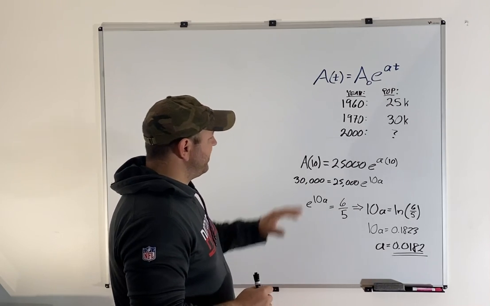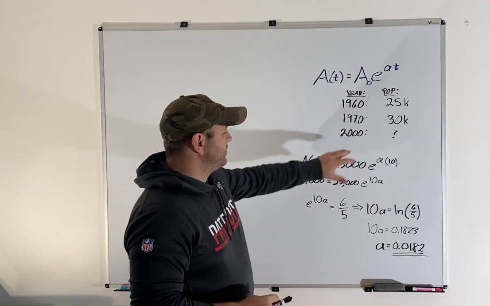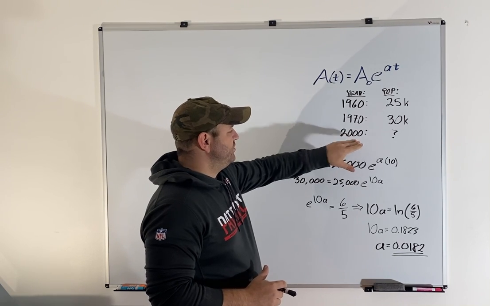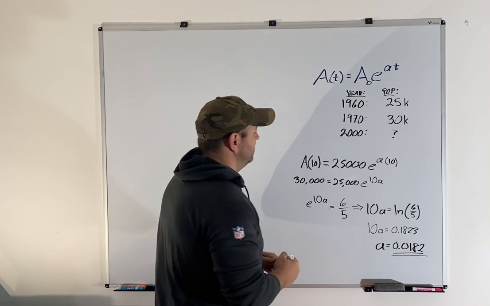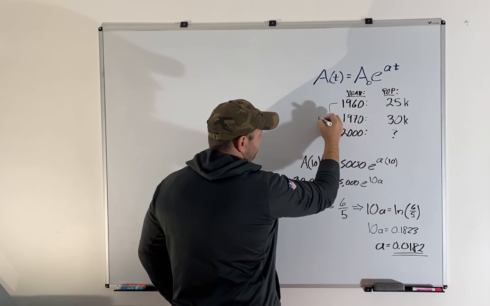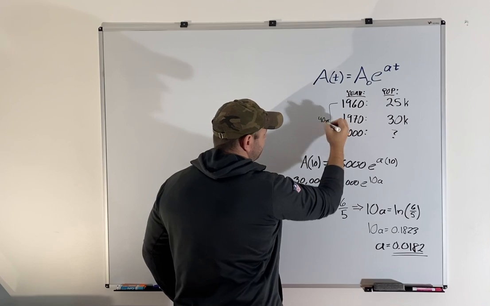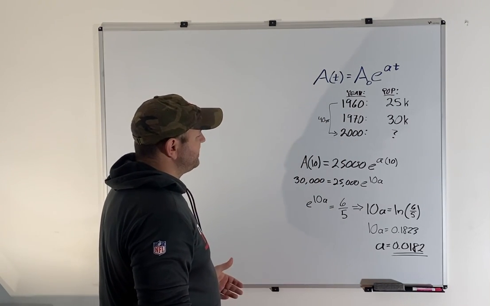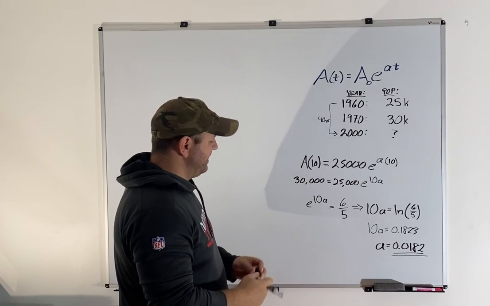That's all good. We've got a working equation here, but the question asked us, what's the population going to be in 2000? So from 1960 to 2000, that's going to be 40 years. So let's go back to using our skeleton as it was.